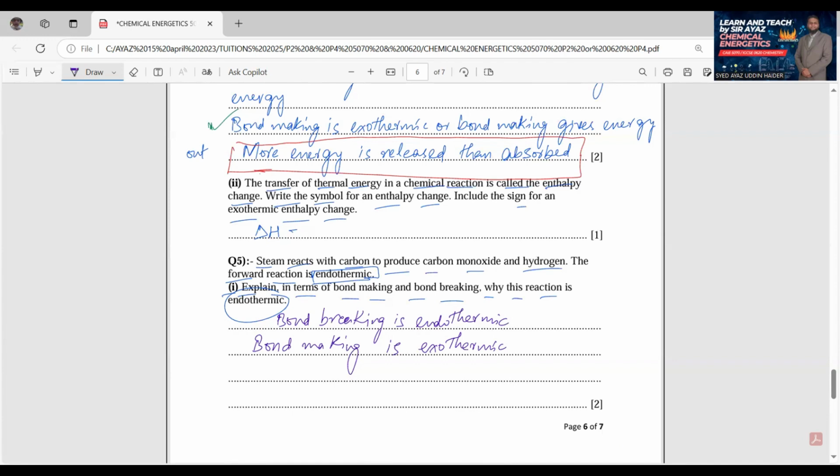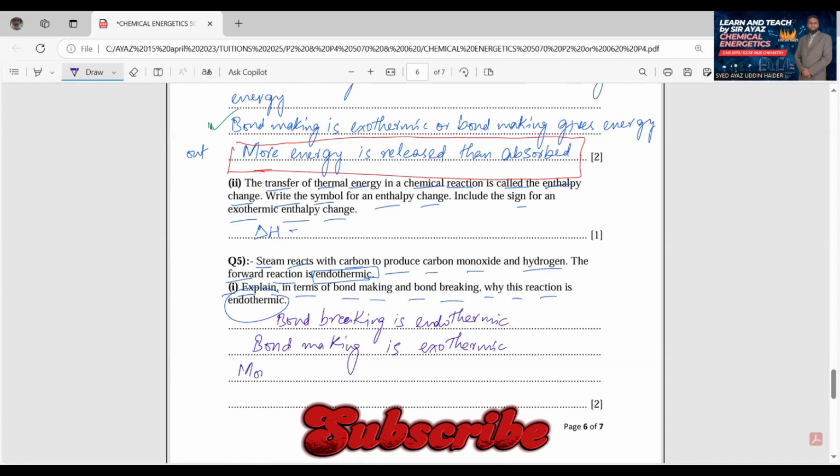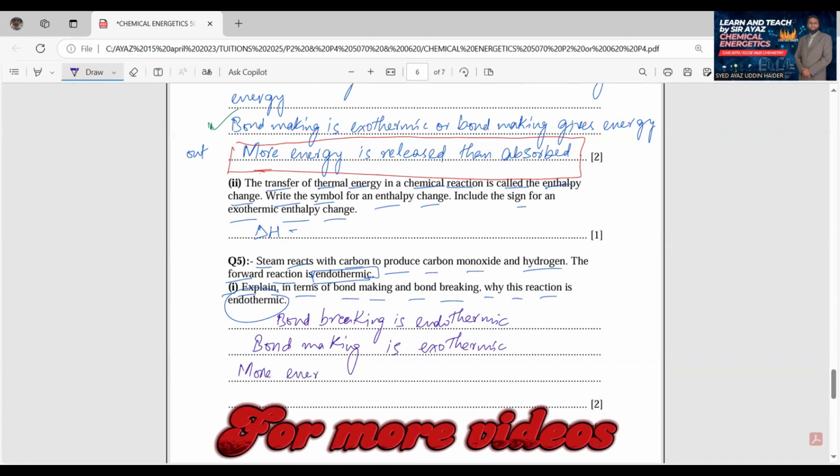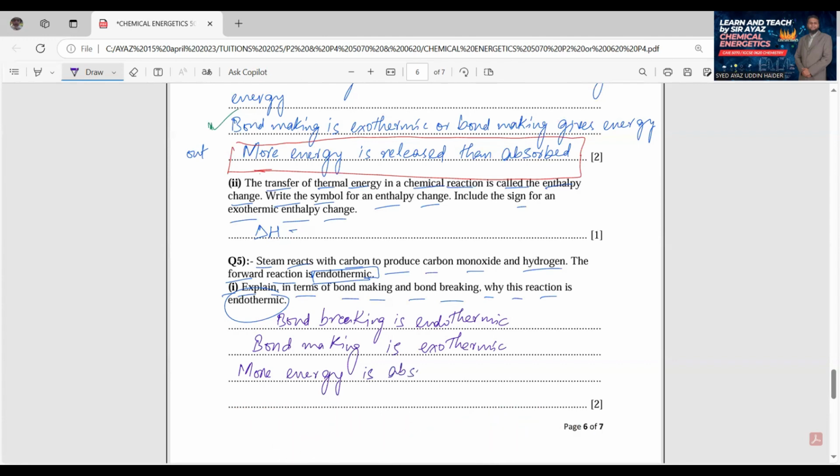You will write more energy is absorbed than released. You can even write less energy is released than absorbed. I am writing both these statements. More energy is absorbed than released. Or the other statement, less energy is released than absorbed.